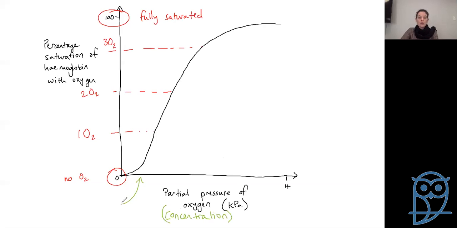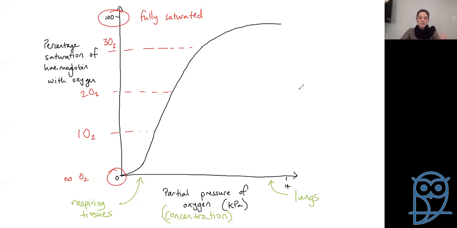Down here in the low is going to be our respiring tissues, our muscles, because we're using that oxygen there. Up here on this side, high concentration, high partial pressure of oxygen is going to be your lungs, because there you've got the fresh air that's being breathed in, so it's still got a high level of oxygen.